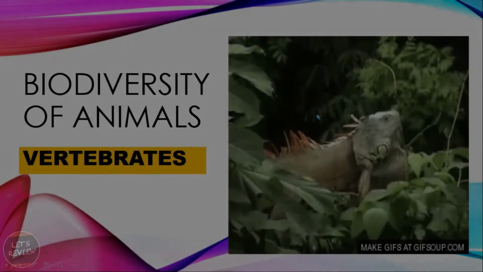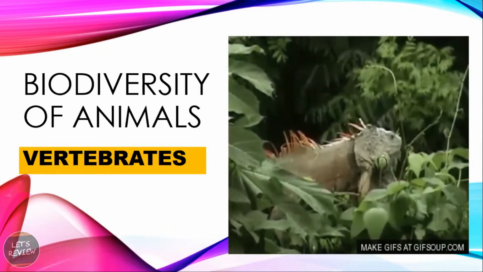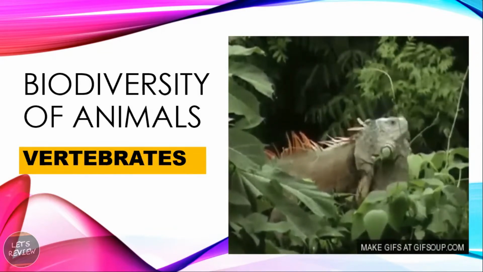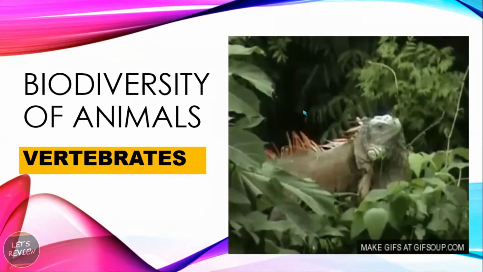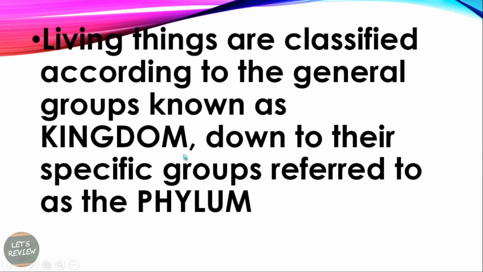Hi there, in the continuation of understanding the biodiversity of animals, we're going to focus today on discussing the vertebrates. As an introduction, remember that living things are classified according to general groups known as the kingdom, and then down to their specific groups referred to as the phylum.